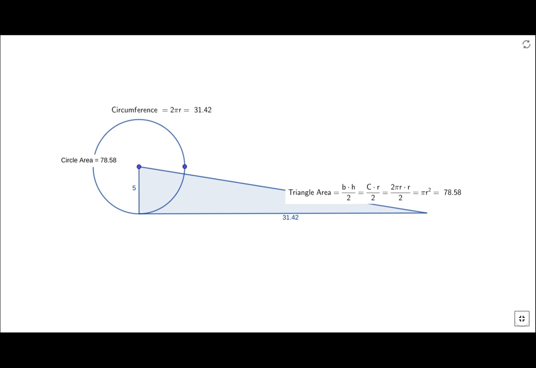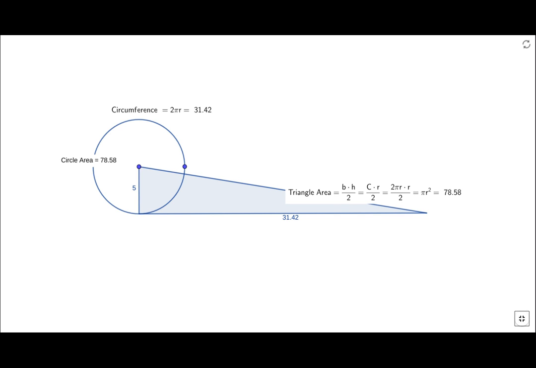Now, what I want you to notice is the circle area here equals 78.58, and the triangle area is 78.58. Notice that both of those are equivalent. And that's essentially what we were showing in our work before.